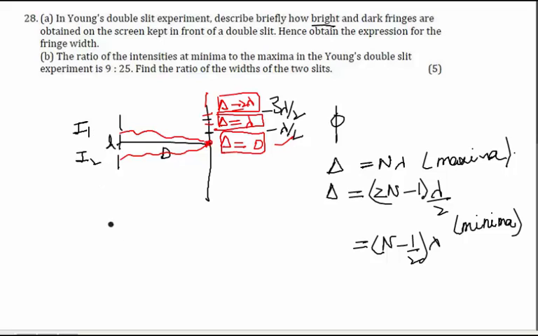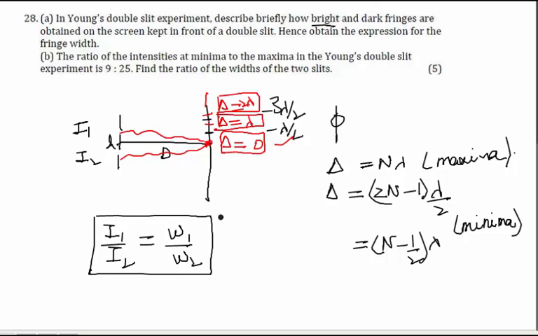So if we find the ratio of I1 is to I2, this will also give us the ratio of the width, because the intensity of the slits is directly proportional to the slit widths. So that is why I1 is to I2 should also be equal to the ratio of the width of the slits. So let's do that.